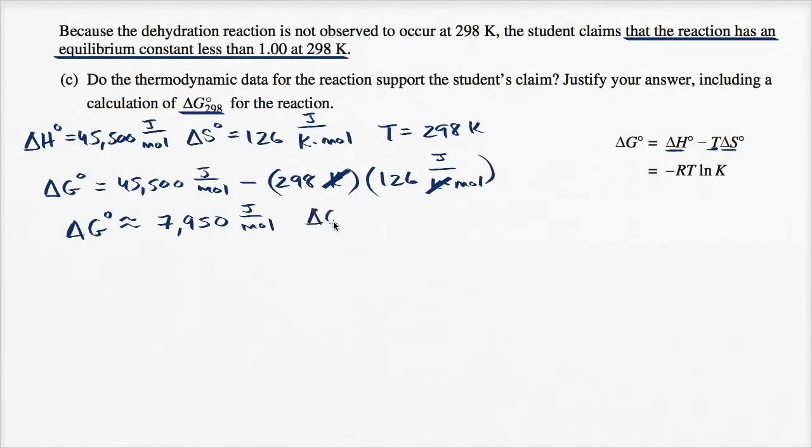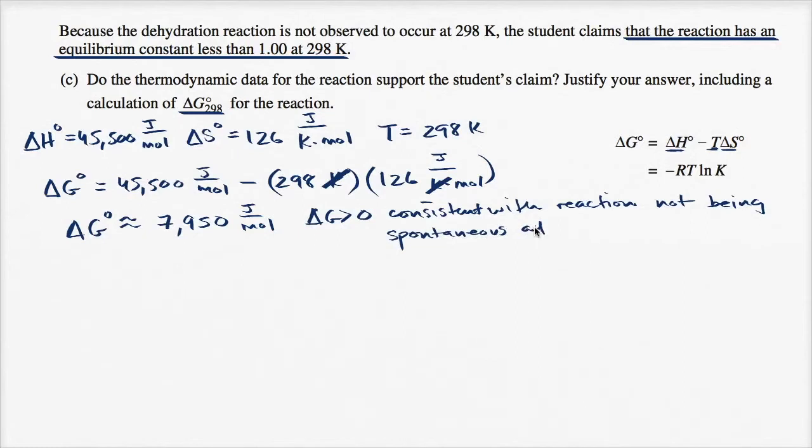So delta G greater than 0 is consistent with the reaction not being spontaneous at 298 Kelvin.